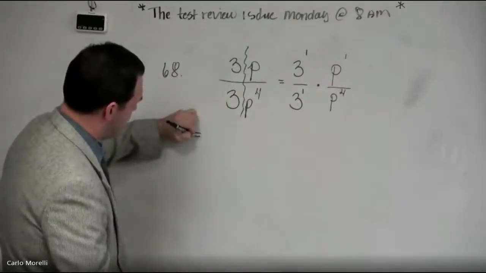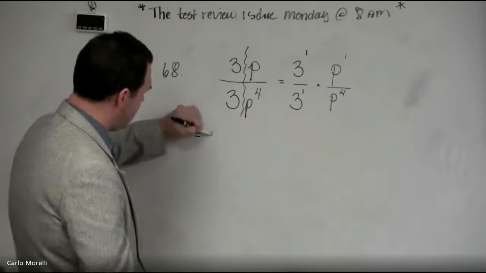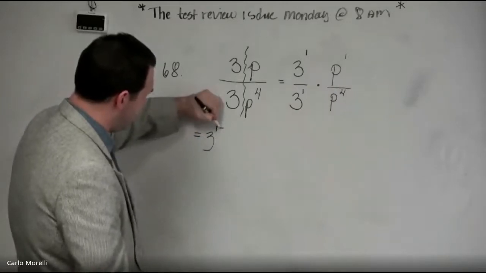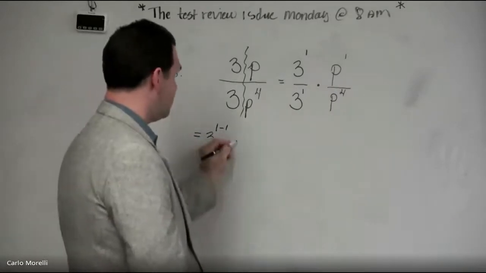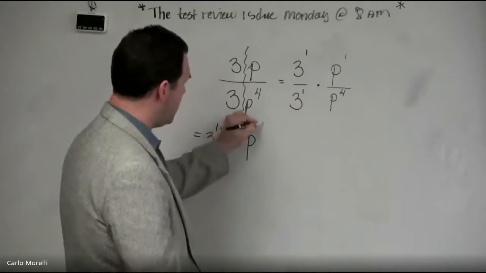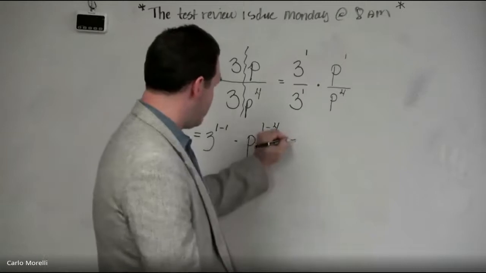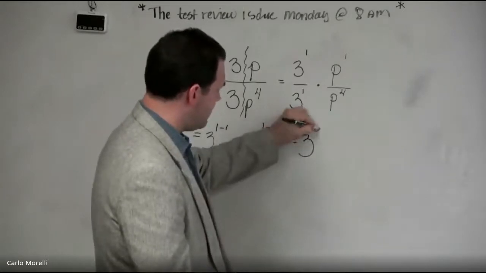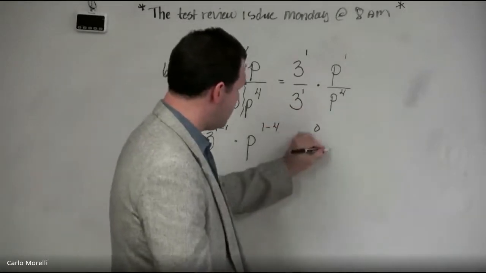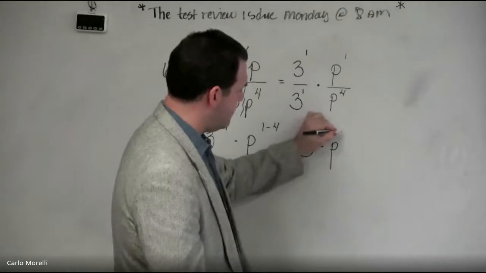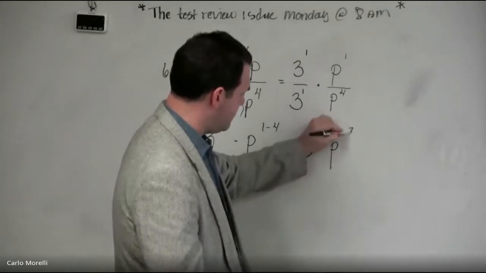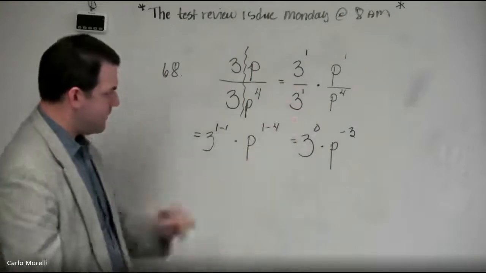Okay, so that gives me 3 raised to the power of 1 minus 1 times p raised to the power of 1 minus 4, which gives me 3 raised to the power of 0 times p raised to the power of -3. So 3 raised to the power of 0 is 1.